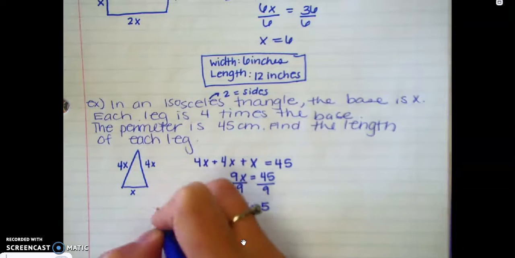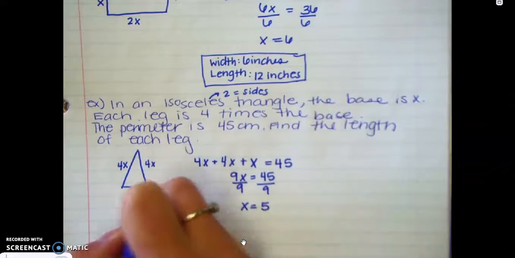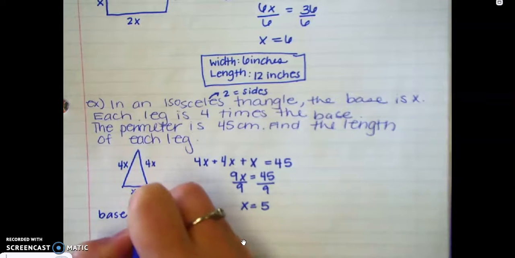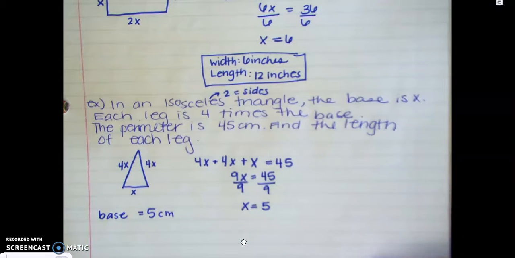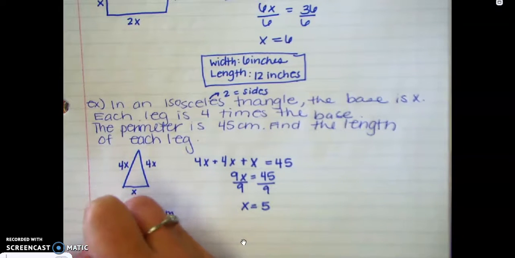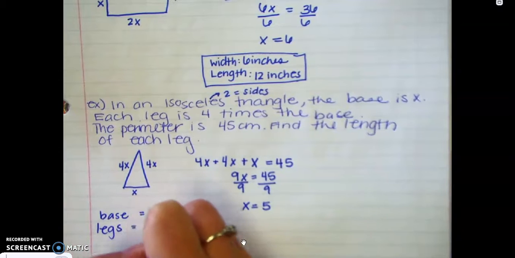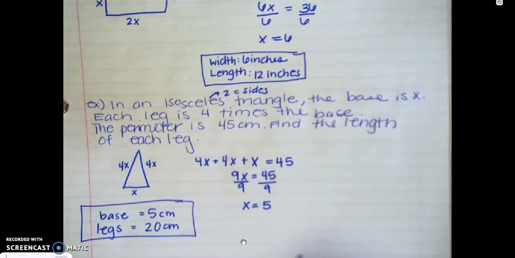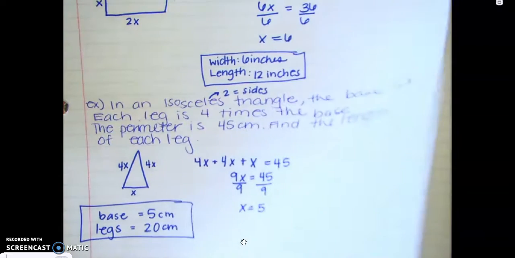So my base is going to be 5, and I'm going to use those units again. My legs are going to be 4 times 5, so they'll be 20 centimeters. That's my answer. When you're done, make sure you think about what your answer is so you answer the question.